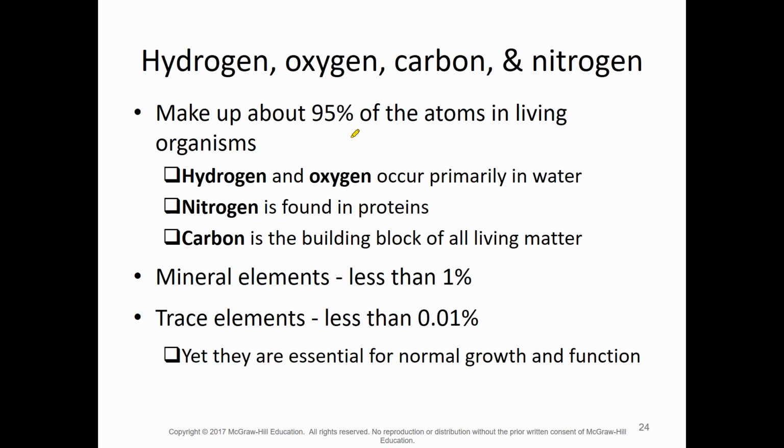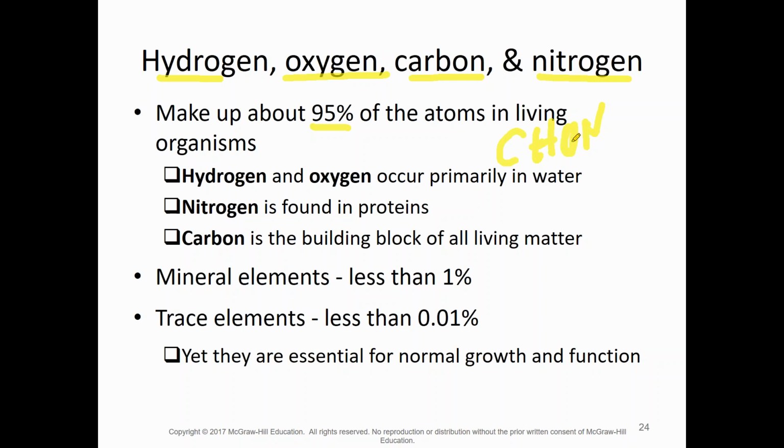Well, 95% of the mass of your body is hydrogen, oxygen, carbon, and nitrogen. And I can give you a quick little word for that, CHON. C-H-O-N. Remember that on the test. CHON, 95% of your mass. You need to be able to recognize these four elements as being the most common in your body.